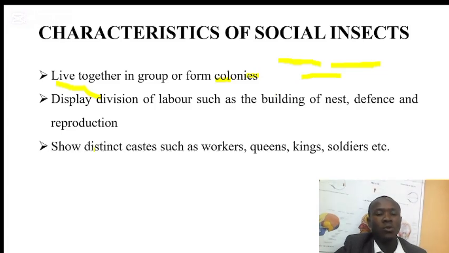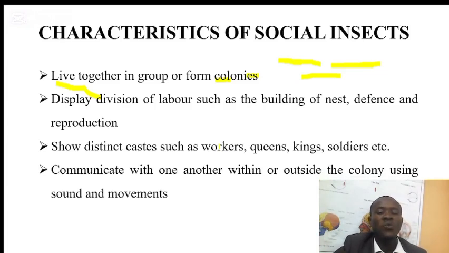They also show distinct castes, such as the workers, queens, kings, soldiers, etc. What we mean by distinct castes is that when you observe their structure, the worker differs by structure from the queen, and the queen also differs by structure from the king. All of them have different structures which you can use to identify them: this one is the queen, this one is the king, this one is the worker, this one is the soldier, etc.